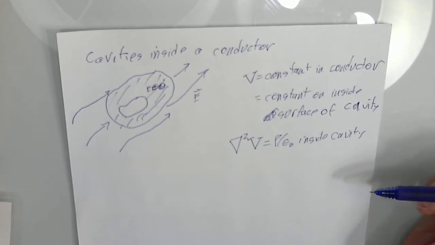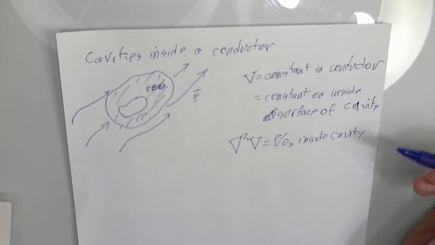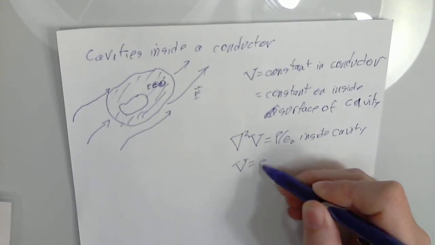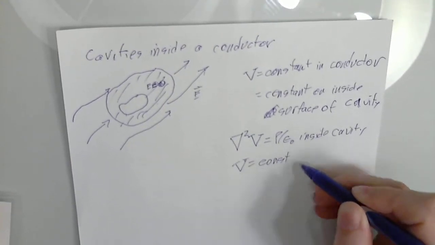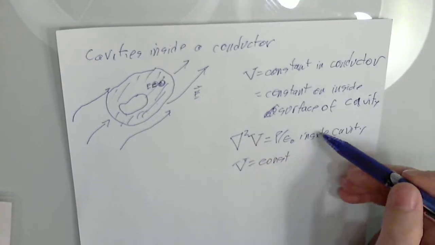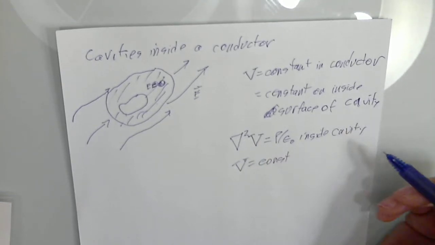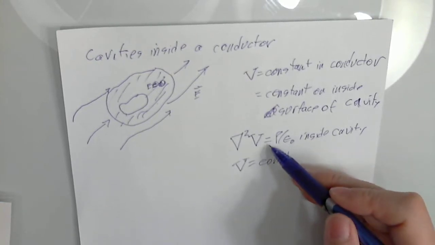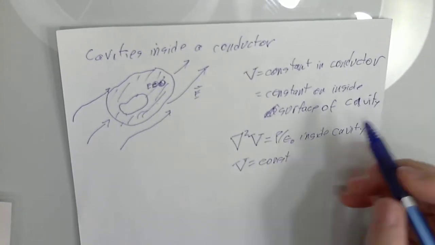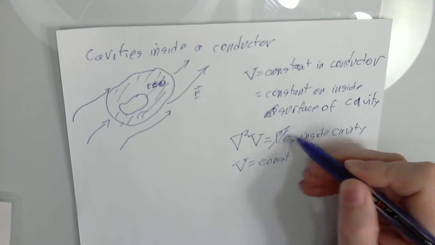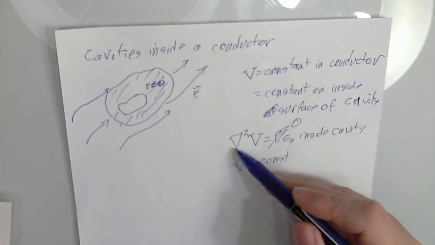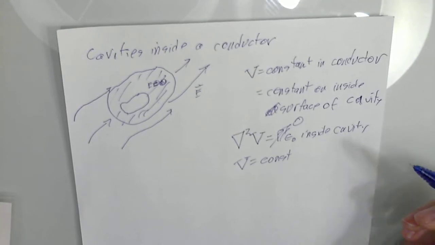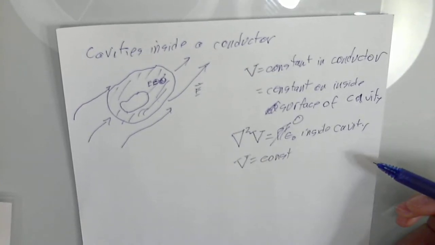Well, one possible solution is, just to remind yourself, the basic equation that has to be solved inside the cavity is the Laplacian of V equal to the charge density over epsilon naught. The charge density inside my cavity is 0, so that means that the Laplacian, the measure of curvature of the electric potential, is 0.